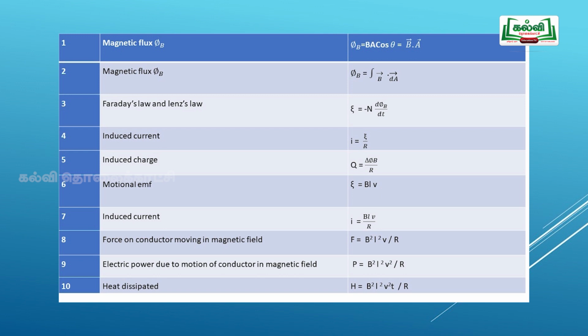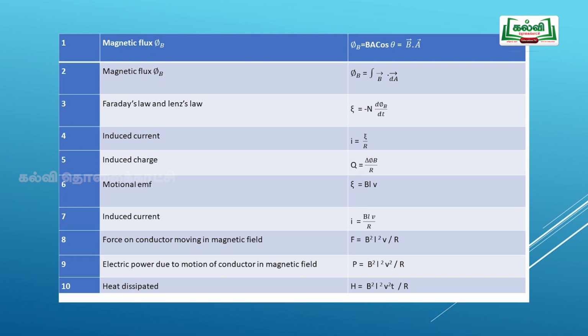Then the next one is induced EMF. According to Faraday's law, it depends on the rate of change of magnetic flux, d phi B by dt. This is xi, which represents induced EMF. So, this is because of the rate of change of magnetic flux.